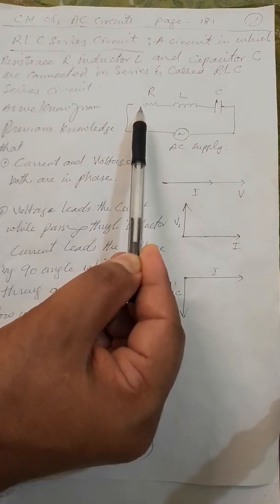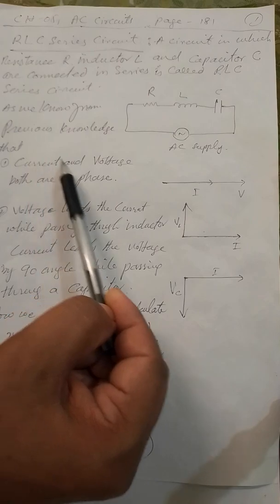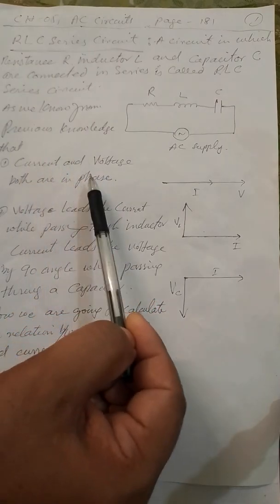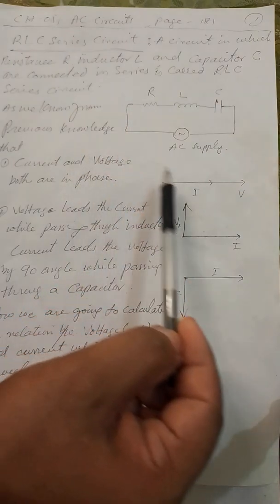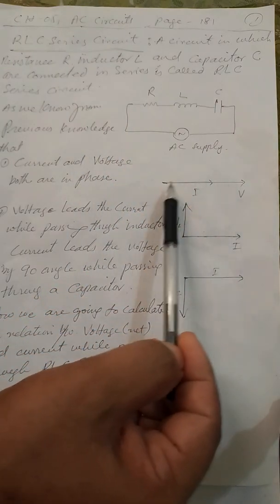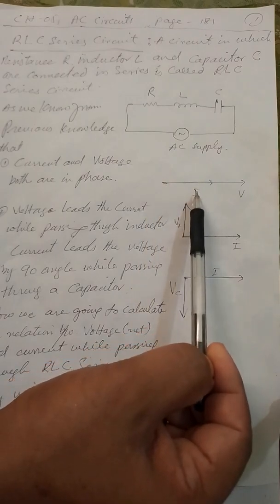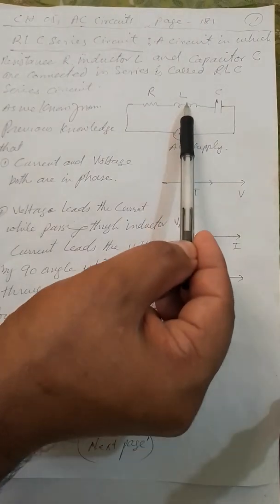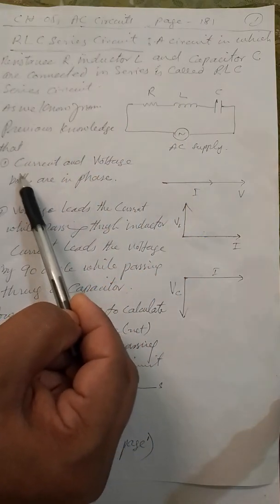Dear students, as we know from previous knowledge, the current and voltage are in phase while passing through the resistor R. That can be shown in the phasor diagram: this is the phasor vector for V and this is the phasor for current I. The second part of the circuit is the inductor.